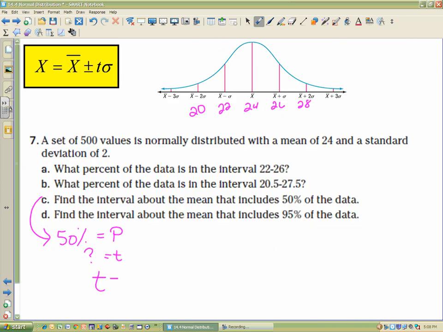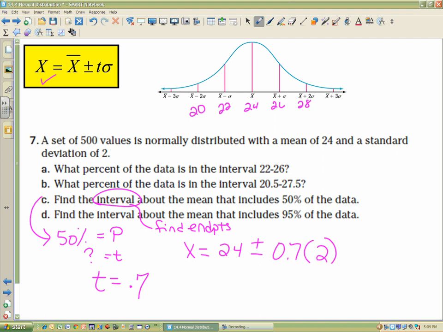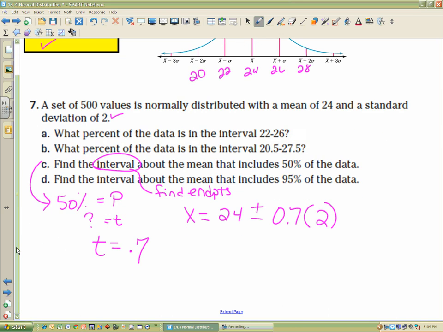So t is 0.7. Now I can find the endpoints on top and bottom using this formula. So my endpoint will be x bar, which is 24, the mean, added and subtracted 0.7 times our standard deviation, which was 2 right there. 24 plus or minus 1.4, multiplying those two together.